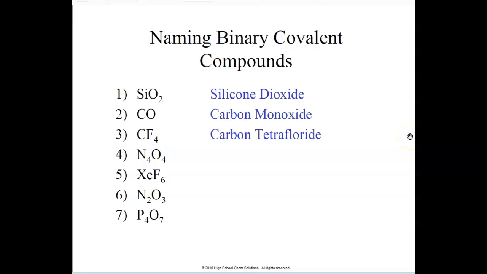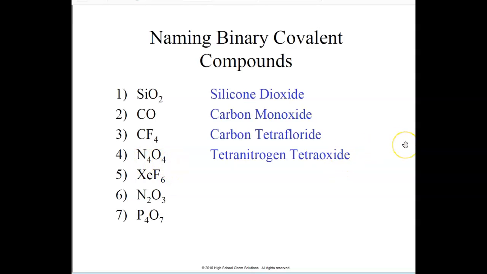Things get a little strange when we get to N4O4, because nitrogen and oxygen can form many different compounds. They can form nitrogen monoxide, dinitrogen monoxide, nitrogen dioxide, dinitrogen tetroxide. In this case, we have tetra for 4: tetranitrogen tetroxide.